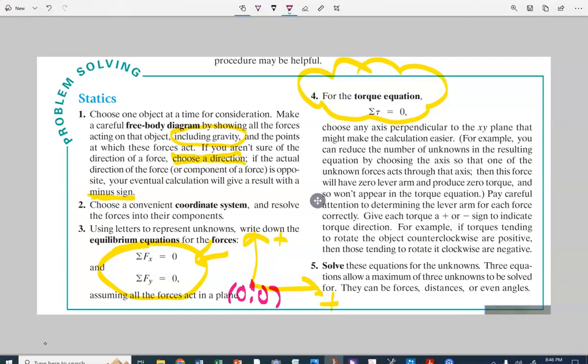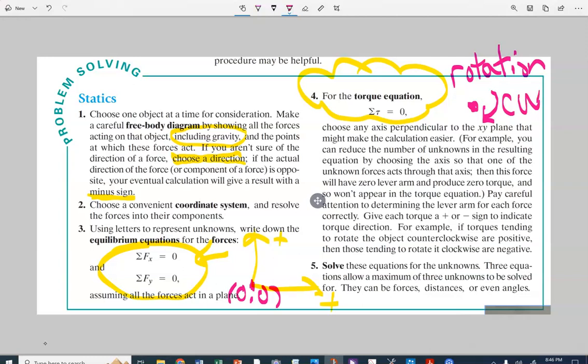So the last thing, so we've got frame of reference, up is positive, right is positive, however you want it, honestly. But the last thing is torque, and torque is about rotation at an axis, or about a rotation point. You need to decide which way is positive. Is that force going to cause it to go clockwise, or is the force going to cause it to go counterclockwise?